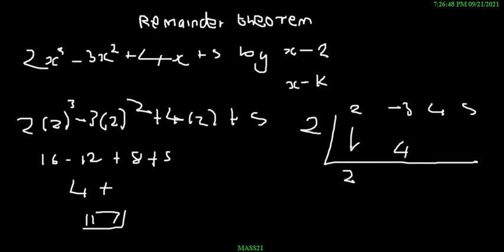Negative 3 plus 4 is going to be 1. 2 times 1, that's 2. 4 plus 2, that's 6. 2 times 6, that's 12. And 12 plus 5, that's 17.